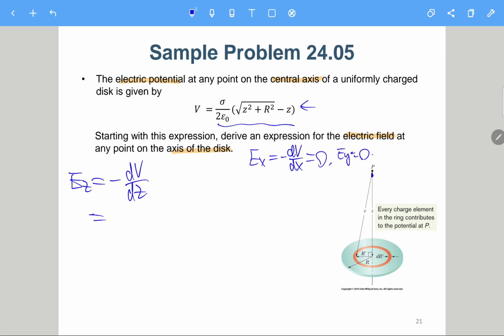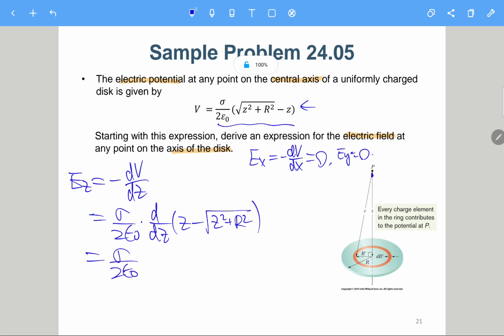Let me write it like this. We have a negative sign, and a d/dz. This sigma over 2 epsilon naught is constant, so we can just factor it out. So we have d/dz of z minus the square root of z squared plus R squared. dz/dz is 1, minus, this one is z squared plus R squared to the 1/2 power.